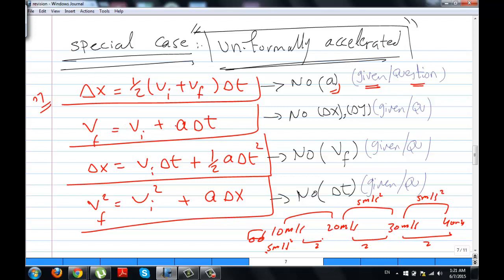So when the displacement is not mentioned by any means, you need to use this one. If the final velocity is not mentioned in the problem, in the question or in the givens, you need to use the third one. And finally, if the time is not mentioned by any means in the question or in the givens, you need to use the last one.